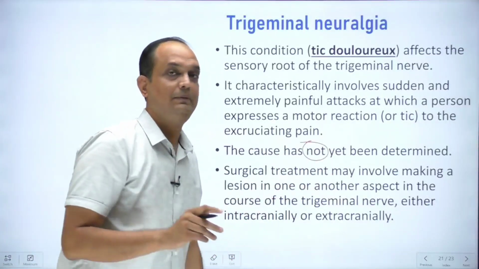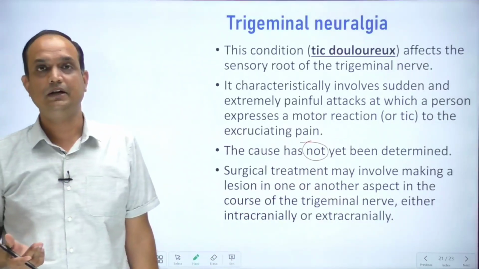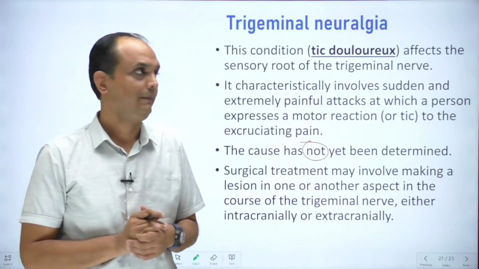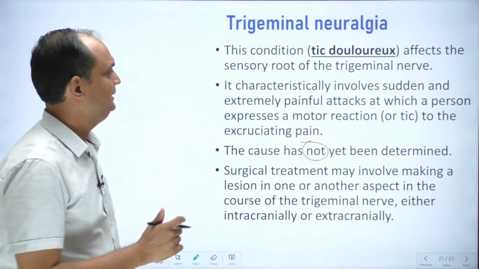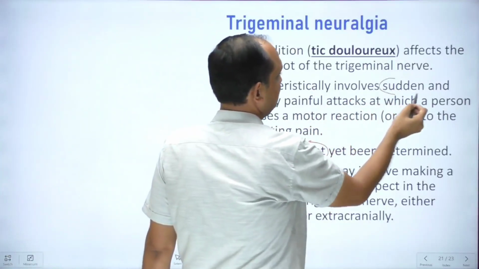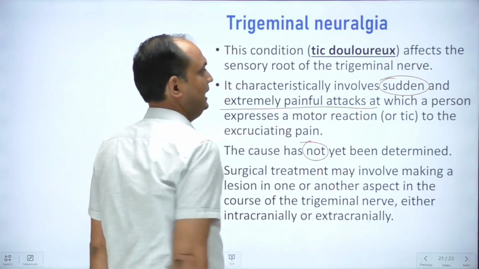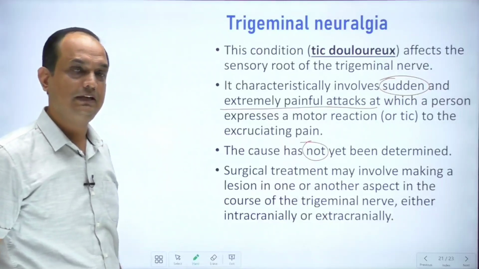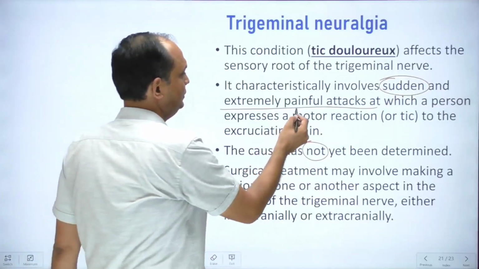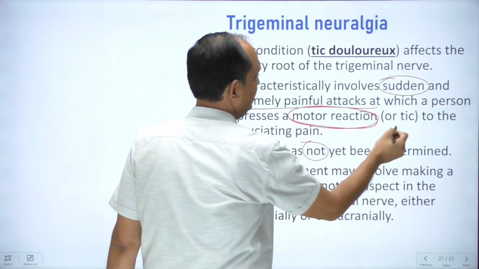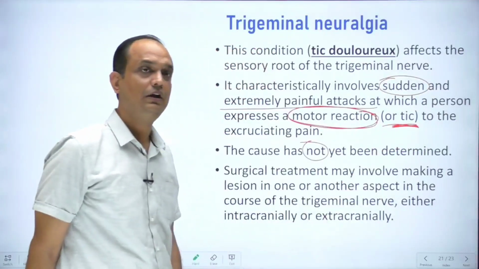Someone says it may be because of compression by an aberrant artery or maybe some pathology. But what will happen is that it is characterized by a sudden pain and an extremely painful attack, and in response to these attacks that person will show motor reactions or tic.